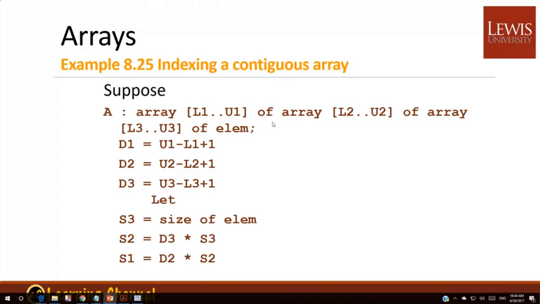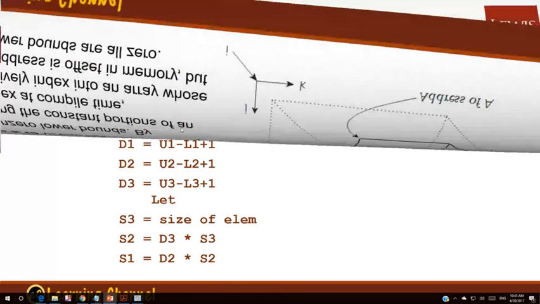And then we calculate dimension 2 times size 2, which gives you the size of the array between L1 and U1. That's the size of each element in such a tabular array.